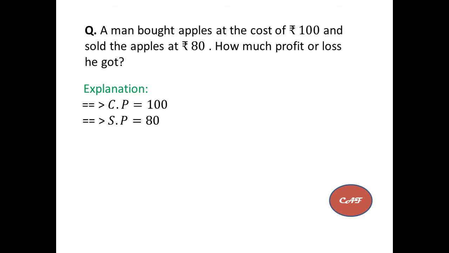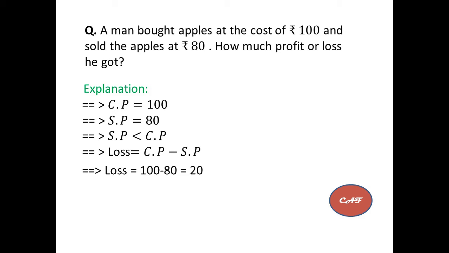Selling price is equal to 80 rupees. If you see, CP is more than SP, or SP is less than CP. So loss is equal to CP minus SP. We will substitute these values in this equation. 100 minus 80 is equal to 20. So he got a loss of 20 rupees.